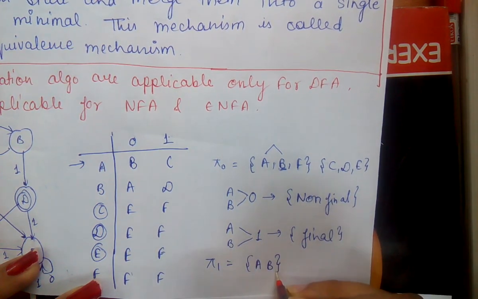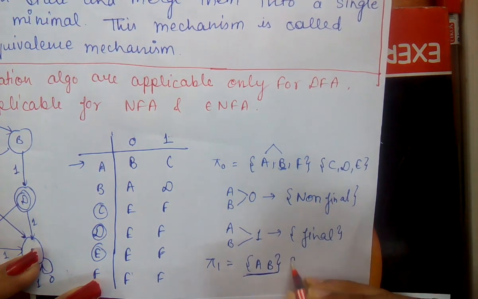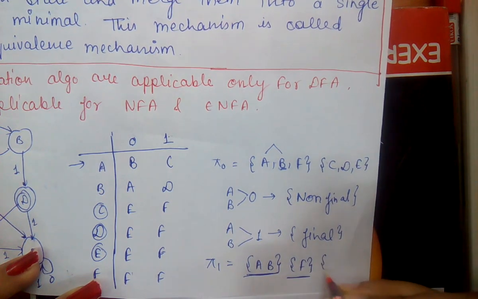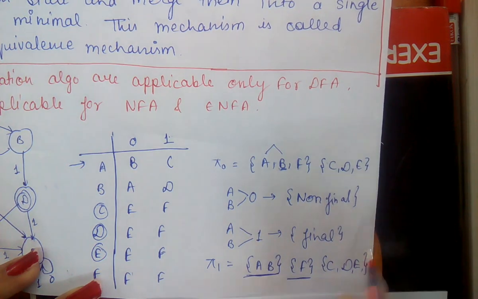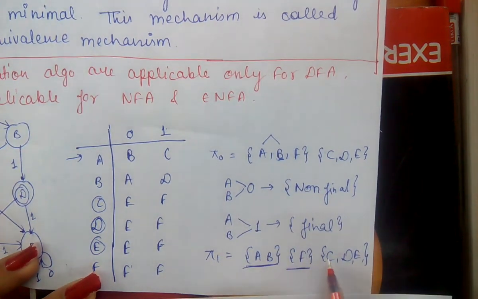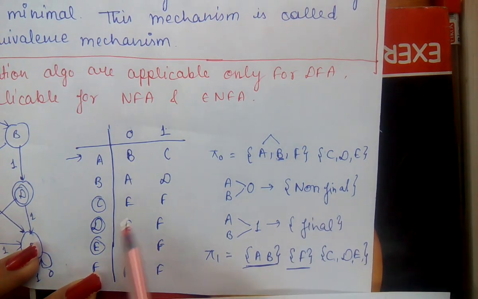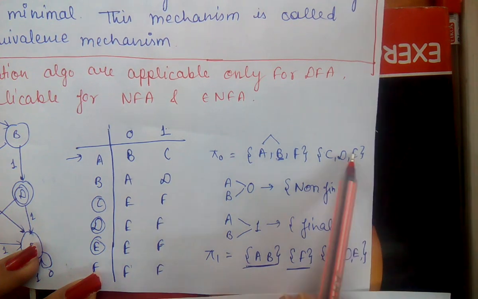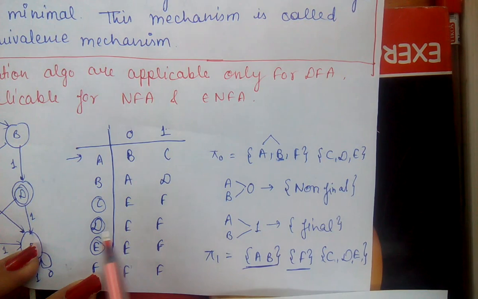A and B's behavior is the same, so we keep these two in one set. F's behavior is different, so we keep it in another set, and C, D, E is another set. Now we check the behavior of C, D and E. On C, when we give input 0, it goes to E, means in the set of final states.